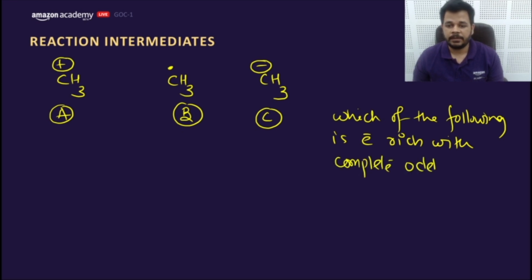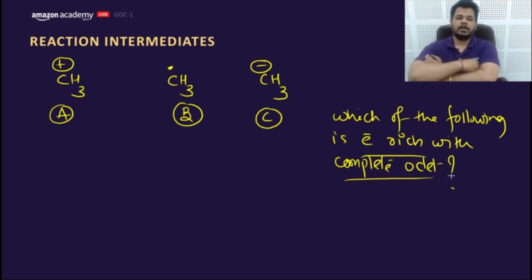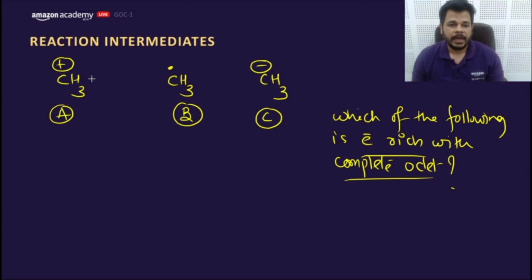Which is electron rich and its octet is also complete? What would be your answer? Let's calculate the number of electrons. So the answer is C. Okay, fine. The 6 electrons in the central atom, here 7 electrons in the central atom, and here 8 electrons in the central atom.